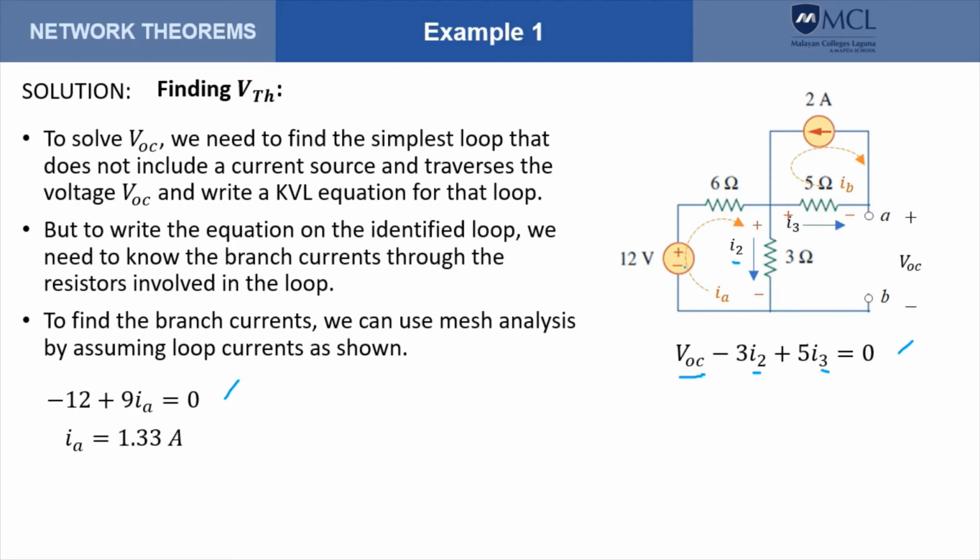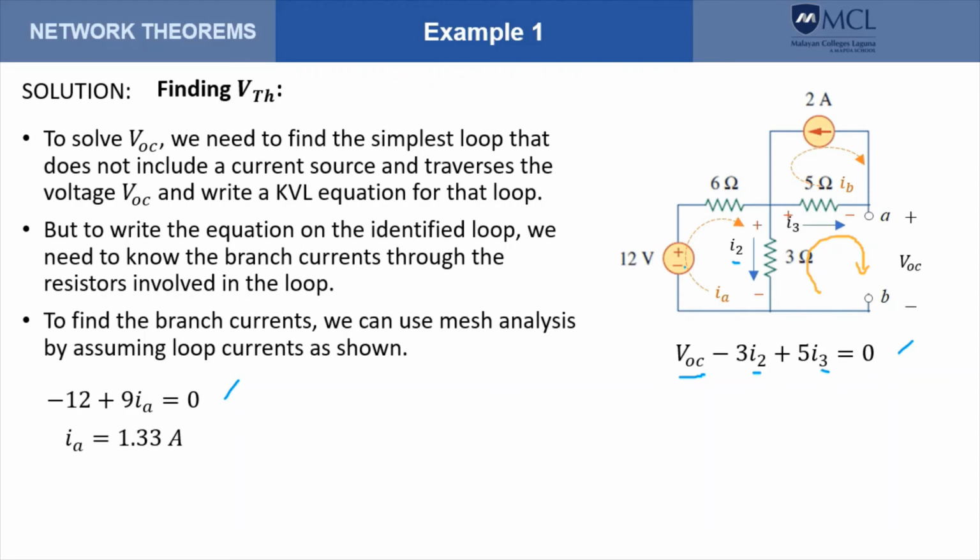So we add the resistance inside the loop. So 6 plus 3, we have 9 times the loop current inside that loop, minus any voltage due to the loop outside. But take note that we don't have a loop current here because this is an open circuit.